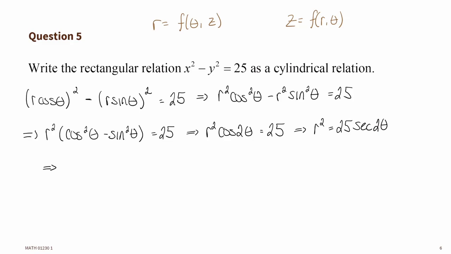Now, if we take the square root of both sides, the square root of r squared is going to be what? Why is it just r? Square root only outputs the positive root. When you square a number, it's only positive.